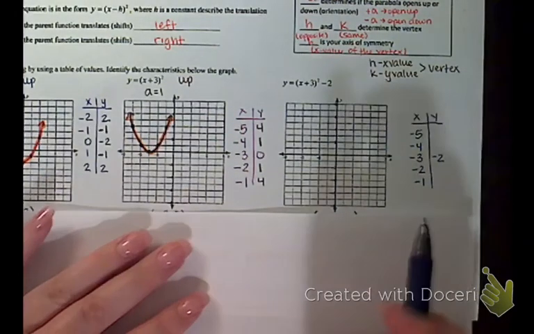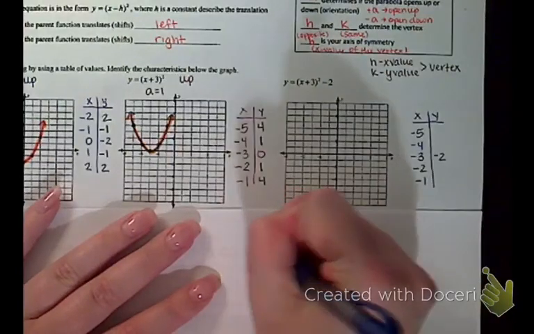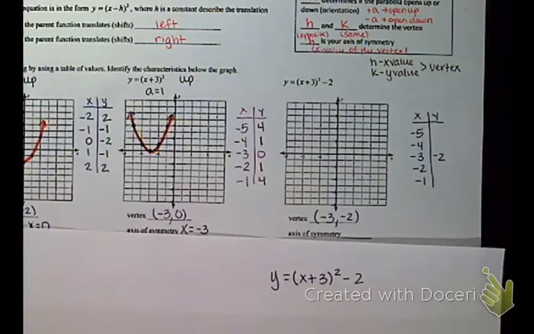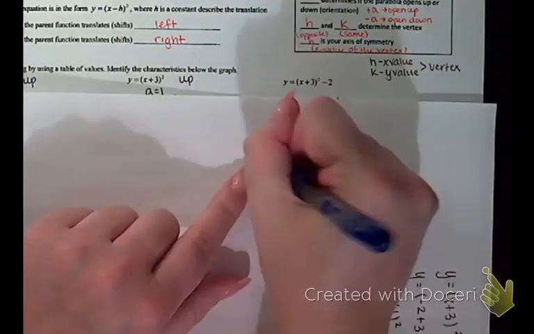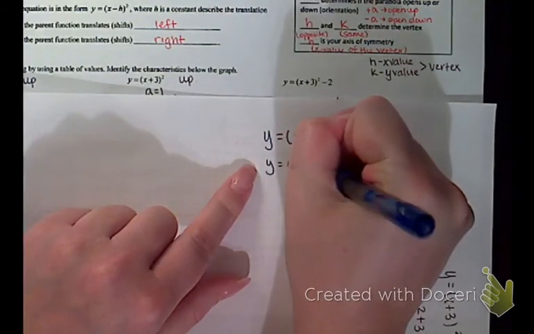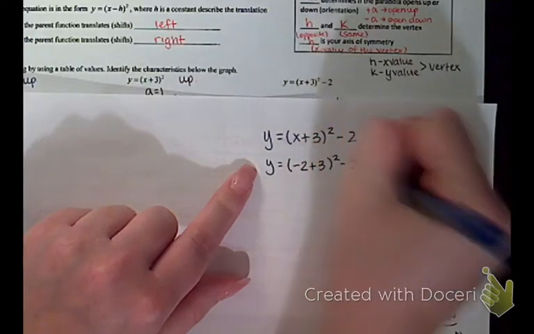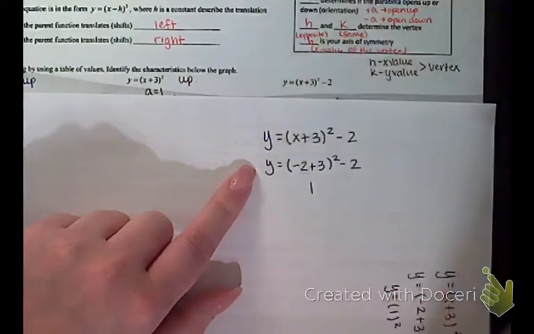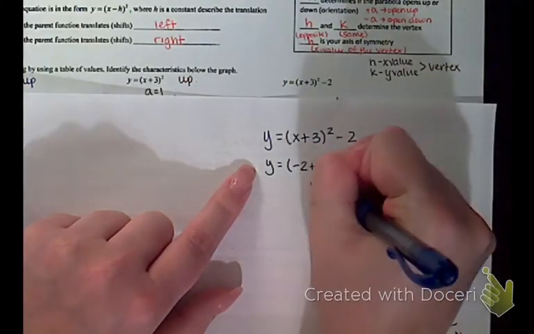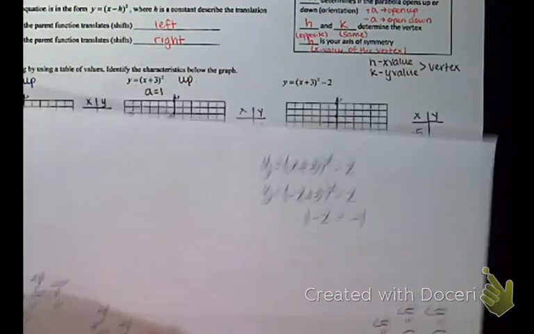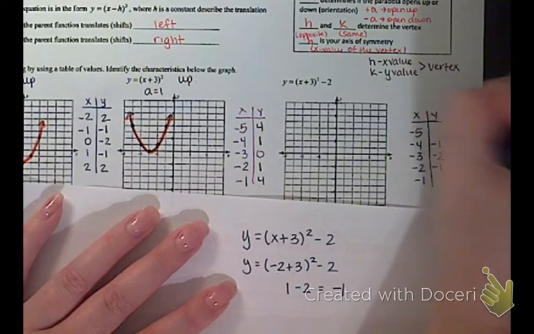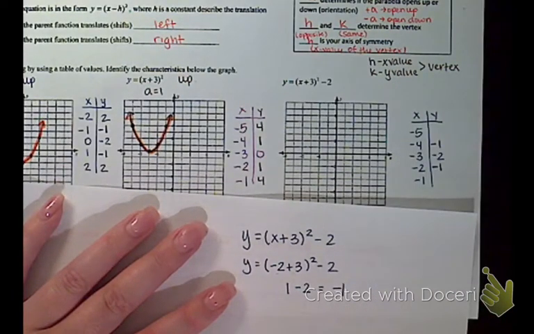So let's plug in -2. (-2 plus 3) squared minus 2. -2 plus 3 is 1. 1 squared is 1. Minus 2 is a -1. Okay, so I have a -1 here. And again, because of symmetry, I'm also going to have a -1 there.